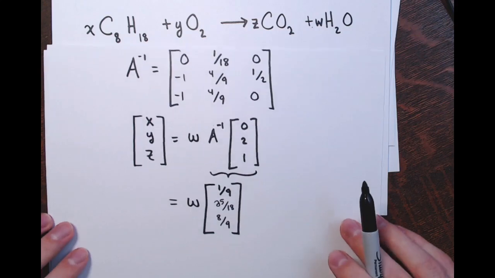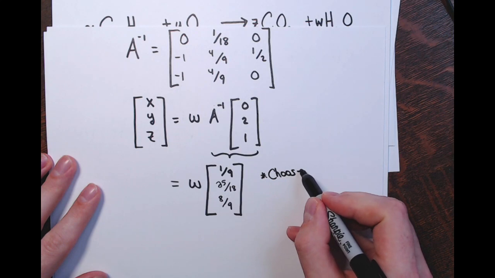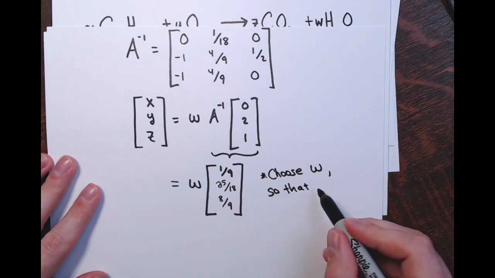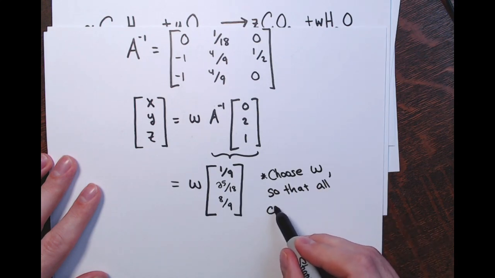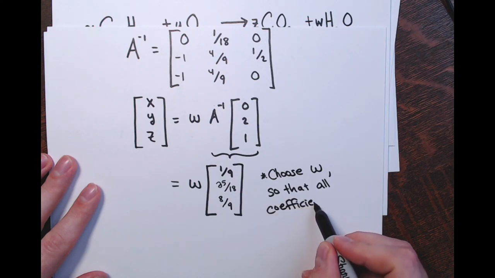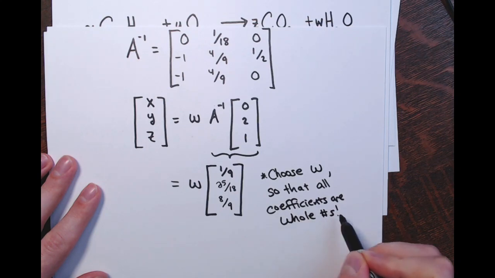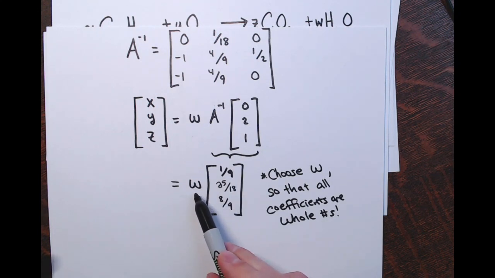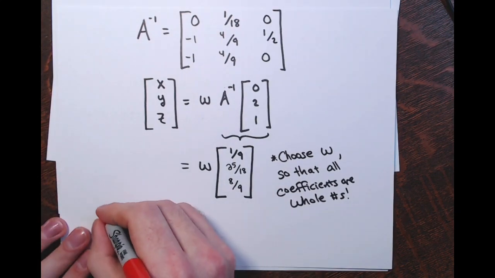So I'm going to choose W so that all the coefficients are whole numbers, because these are counting numbers of molecules. In that case, I want to get rid of these fractions, and that would mean let W be the least common denominator. Let W be 18, or any multiple of 18 really, but the smallest one is 18.